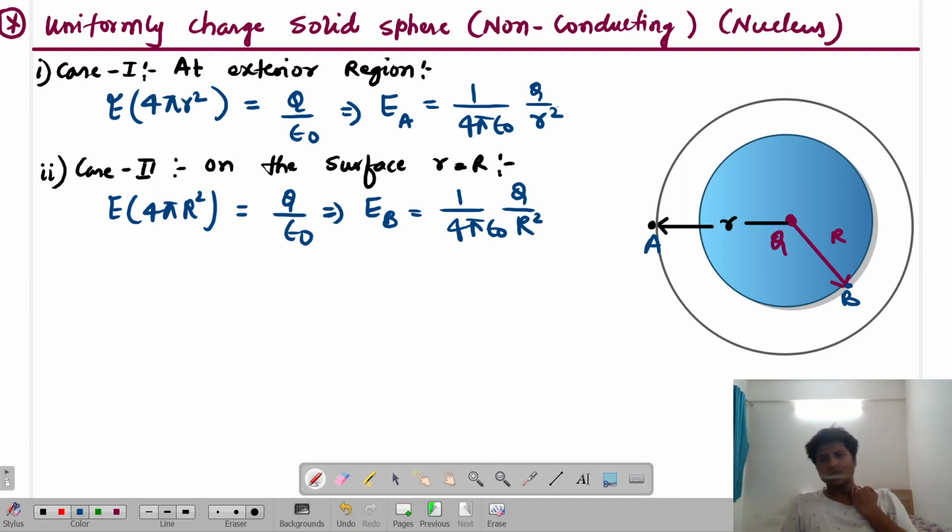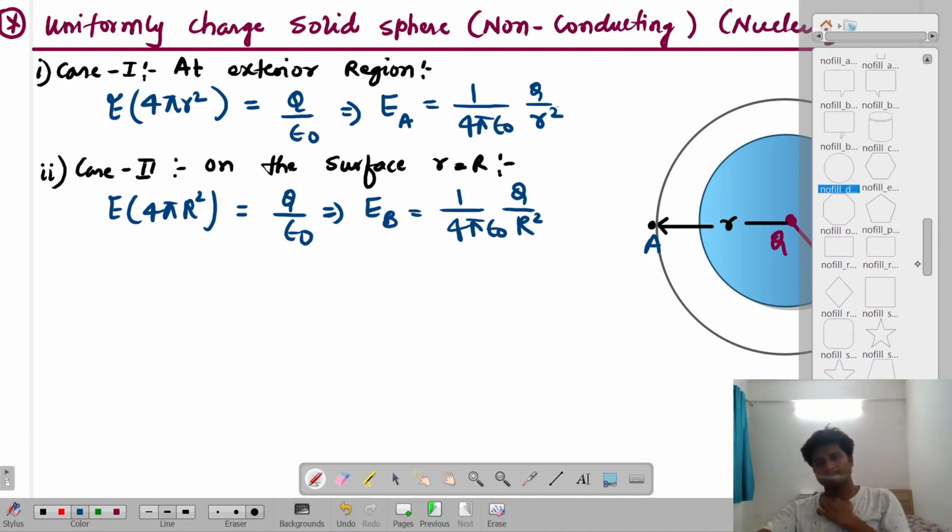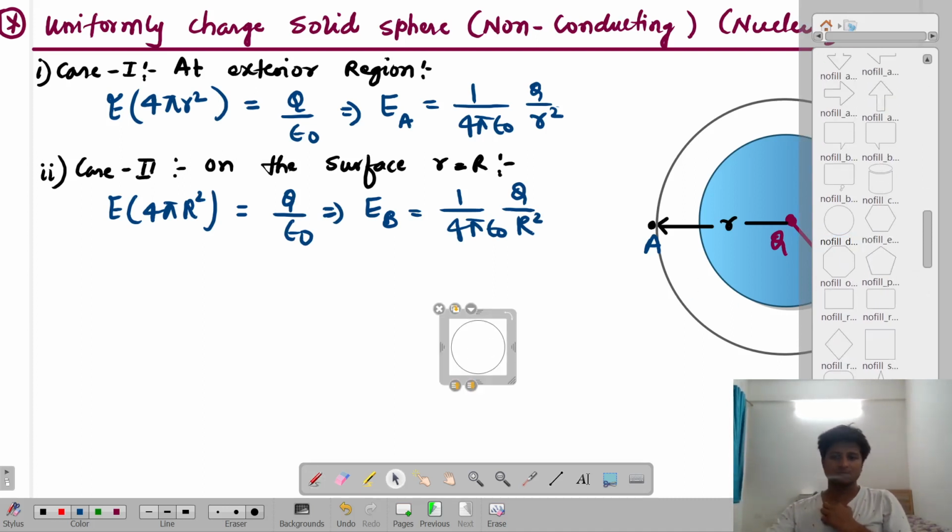Now, what happens when I take a small r? That's a big question to understand, isn't it? है ना?